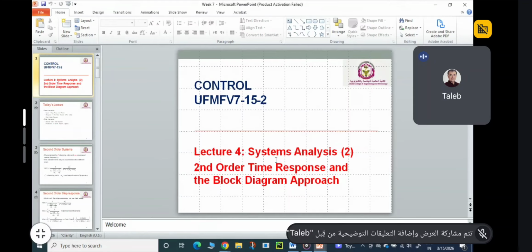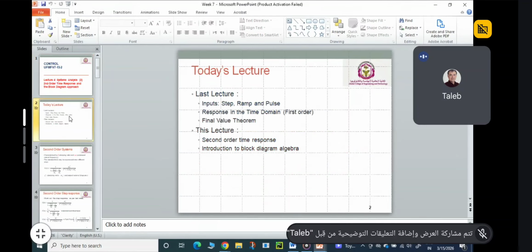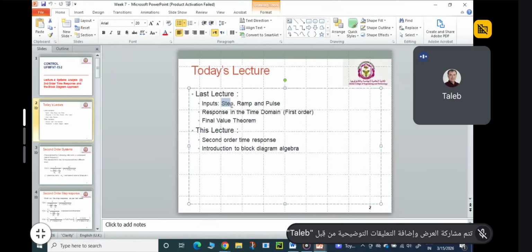Second order system means the power of S is 2, not 1. So it will be a little complicated. But we focus only on step, not ramp, not impulse.